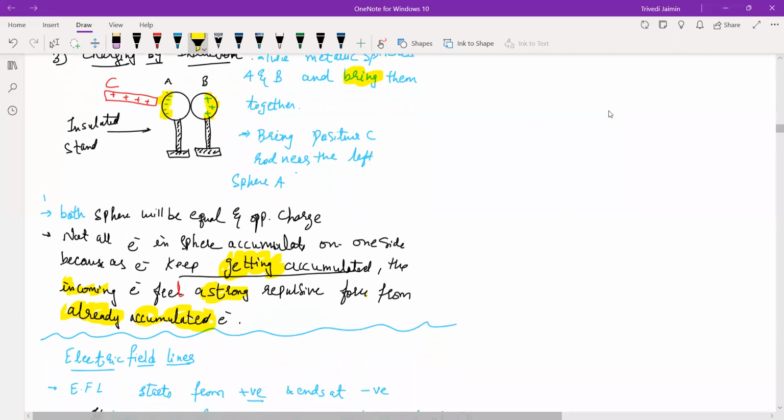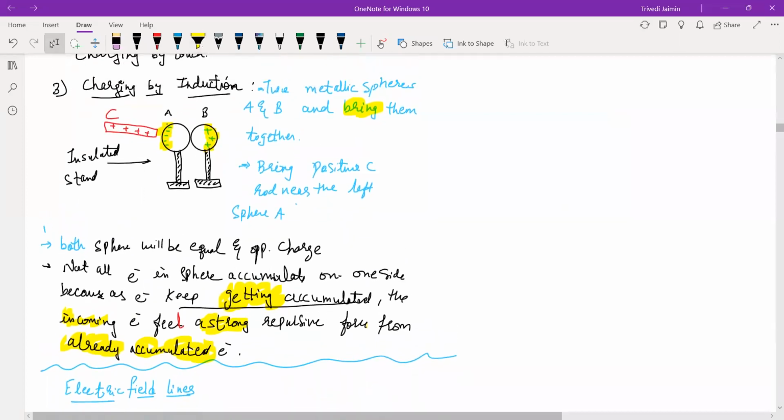Charging by induction also. Let's scroll up.